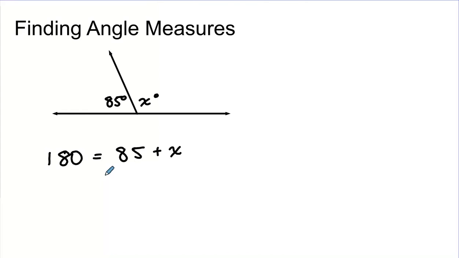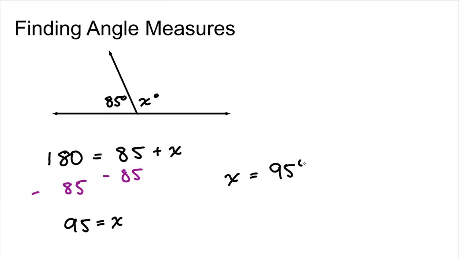We subtract 85 from each side, and we are left with 95 equals x. So x equals 95 degrees, and these angles are supplementary because they add up to 180 degrees.